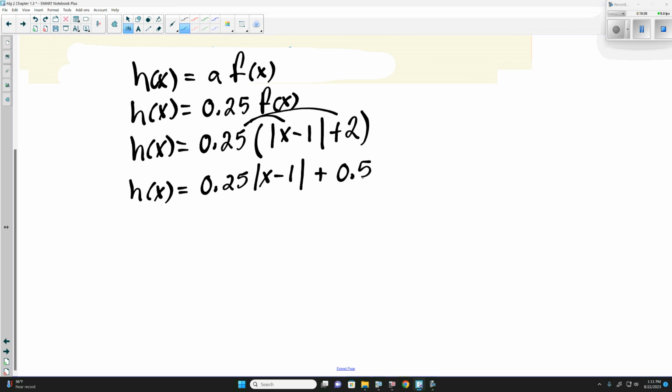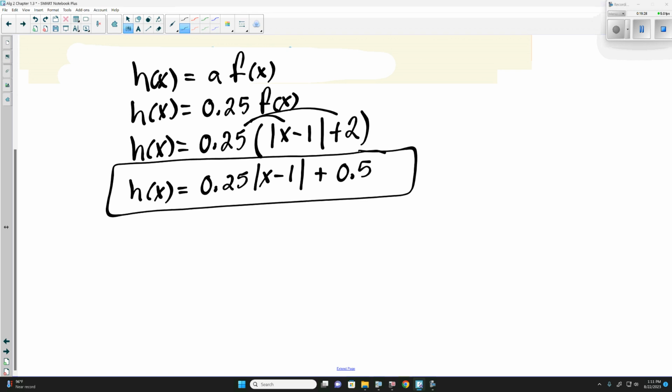0.25 is a quarter. Now if we wrote it as fractions, this would be 1/4 times absolute value of x minus 1 plus 1/2, which would be the same thing.